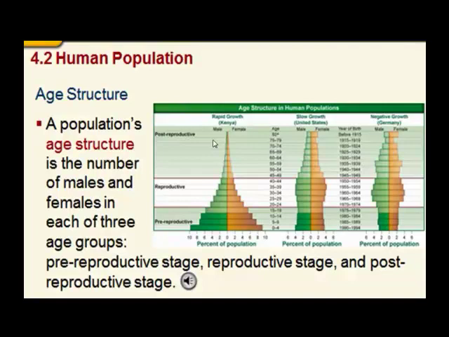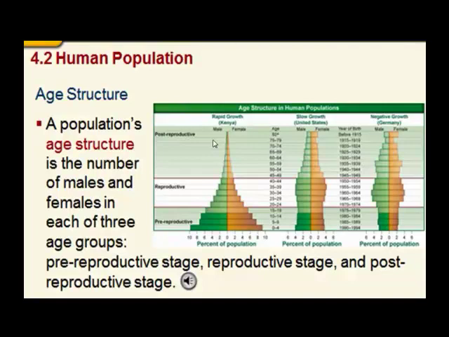And then Germany, our third graph here, was similar to Bulgaria in that they are experiencing in this graph a negative growth. So they have less individuals in the pre-reproductive stage. Because there's less births, they have a lower growth rate, because as those in the pre-reproductive age grow up, there are less of them to have children.